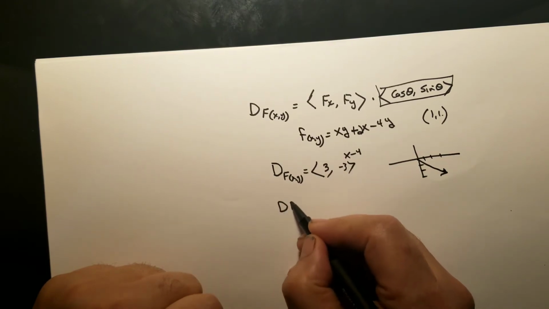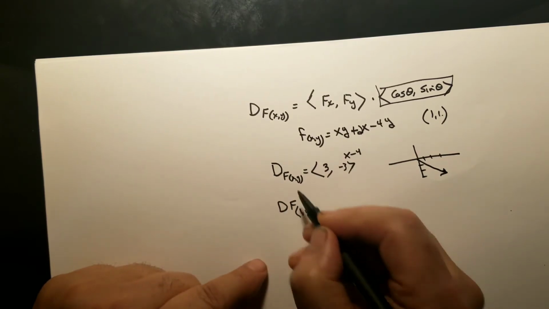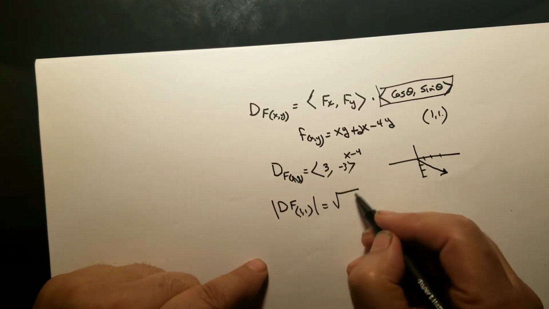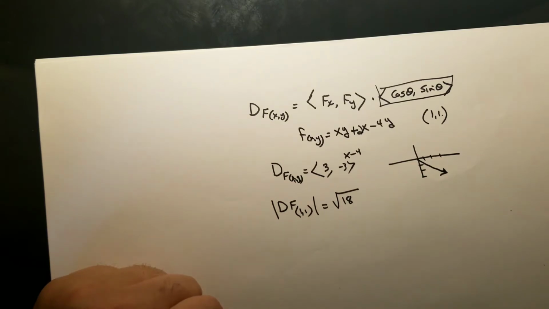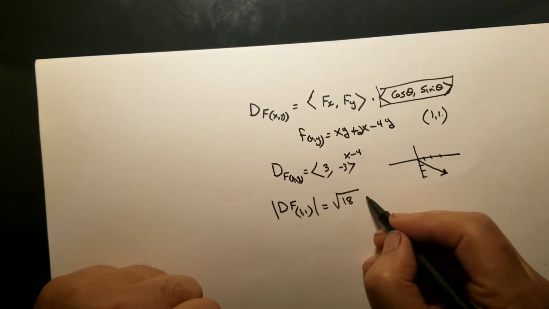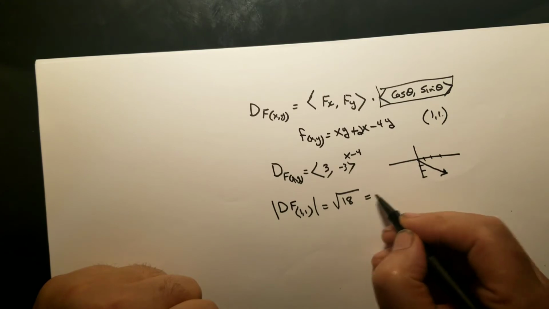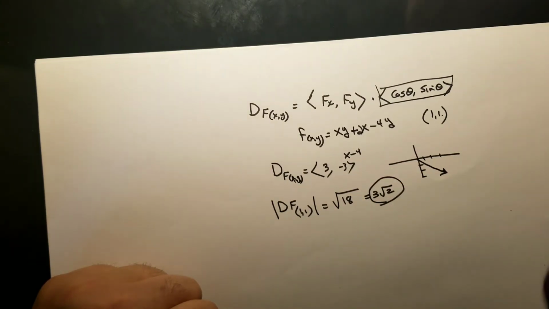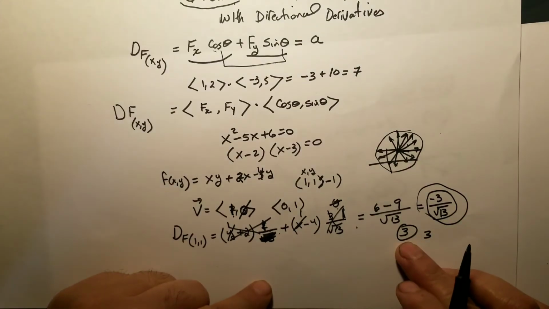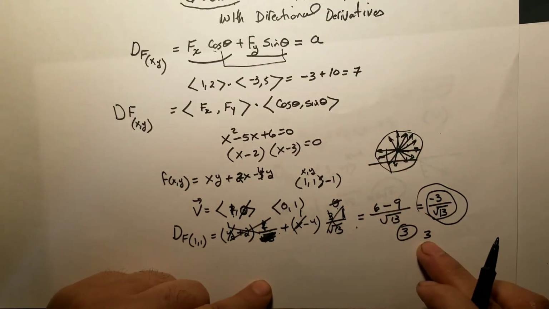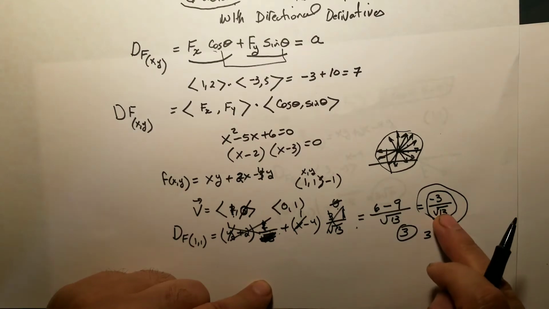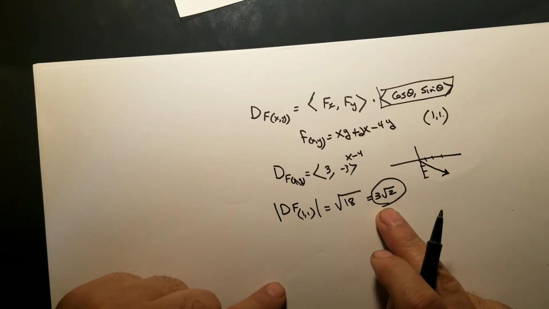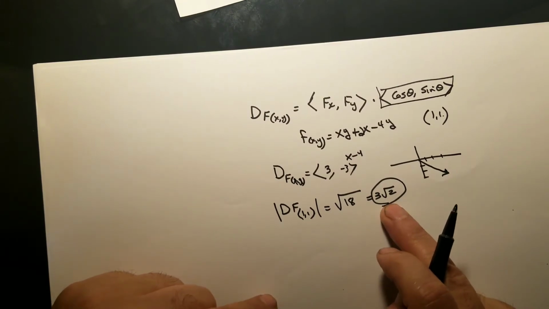The magnitude of that vector f at the point 1 and 1 is the square root of 18, because 9 plus 9. And this is nothing except 9 times 2, which is 3 square root of 2. Remember, in the last one, the highest was 3 in the direction of 2 and 3. But look at that. This one got more, and a lot more.